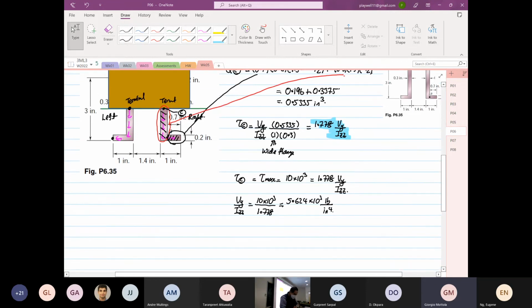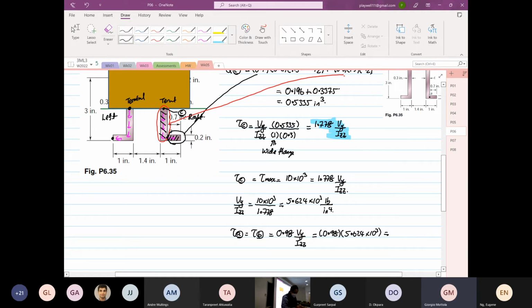Okay. So now we can calculate the shear stress at point A, which is equal to the shear stress at point B. And this is equal to 0.98 Vy over Izz. So this is equal to 0.98 times 5.624 times 10 to the power 3.